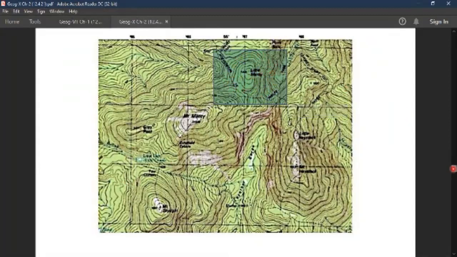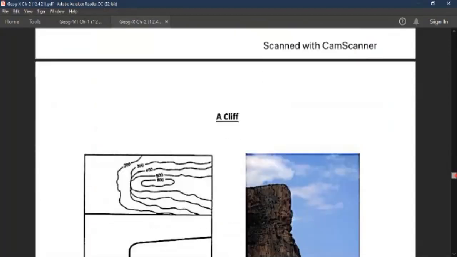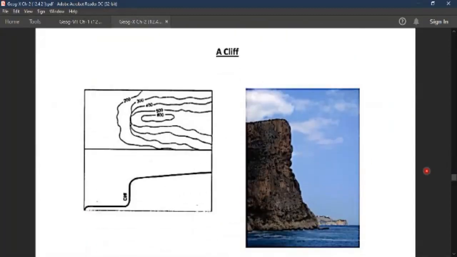The next feature is a cliff. Cliffs are slopes that are near vertical and are shown with contours which merge. It has a considerable height.